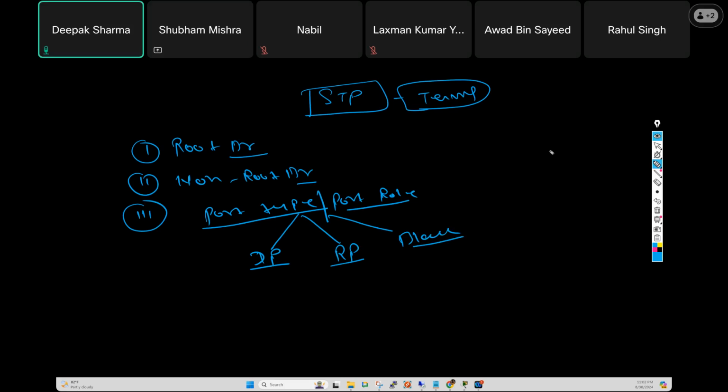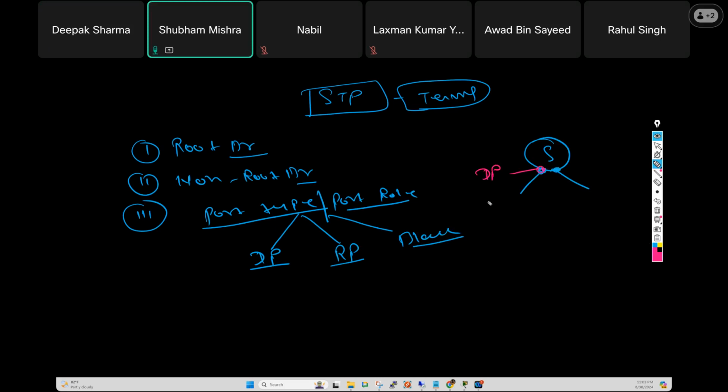Let's suppose this is the switch. So this is, guys, port, and STP decides the role of this port. Getting my point? Either this port will become the DP, or this port will become RP, or this port will become block. That is called block port. Let's suppose we are in the class.